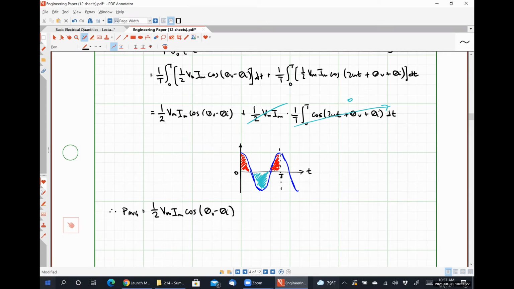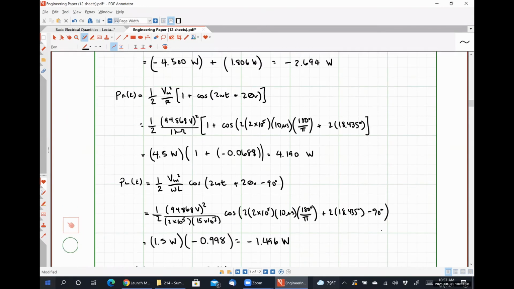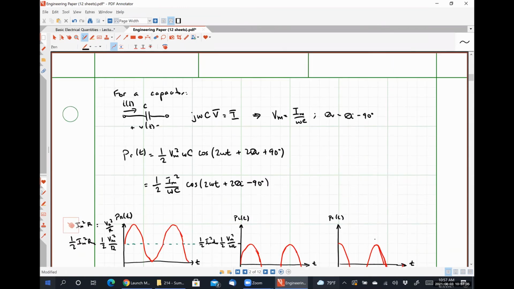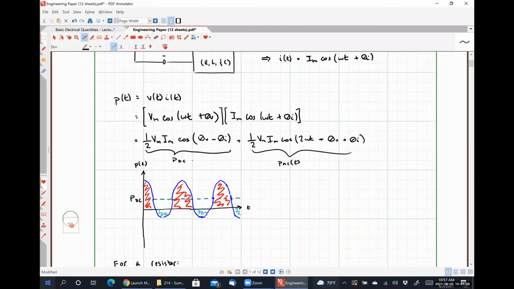So I'm going to scroll back up to the top here real quick. What we found was that the DC portion of our instantaneous power represents the average power delivered to our load.